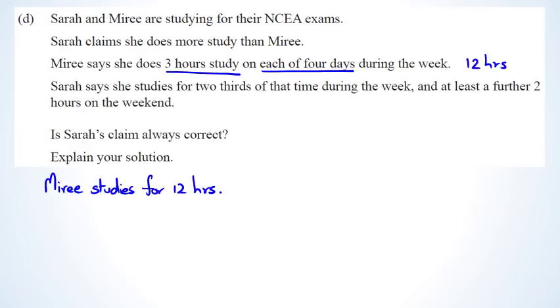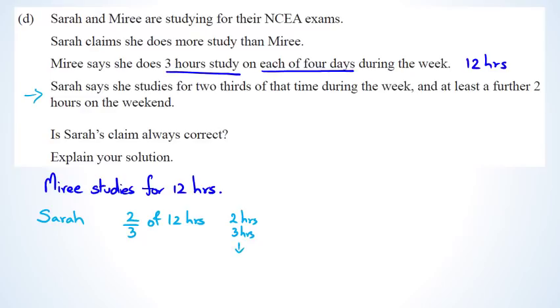Now, I'm looking at Sarah. Sarah says she studies for 2/3 of that time during the week and at least a further 2 hours on the weekend. So if you look at Sarah's studying habits, Sarah studies 2/3 of that time, so 2/3 of 12 hours and at least a further 2 hours. So that means she could be studying 2 hours, 3 hours, or more.